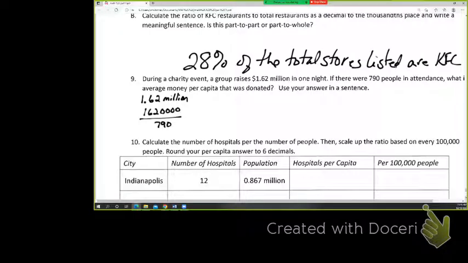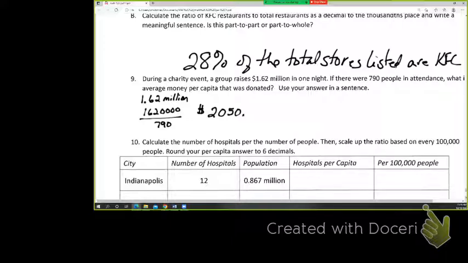Is it okay to round it, since it's money? I would go with dollars and cents. I came up with $2,050.63.